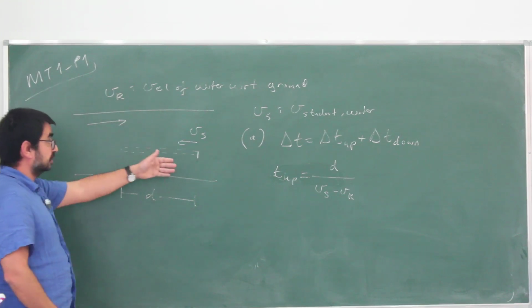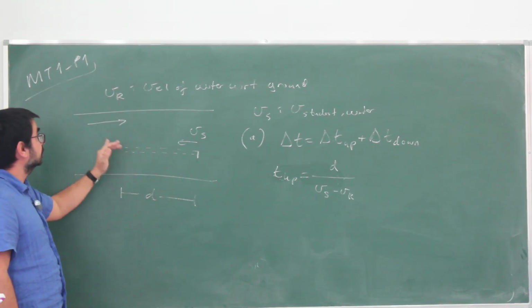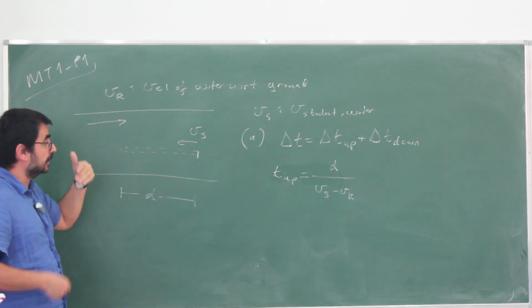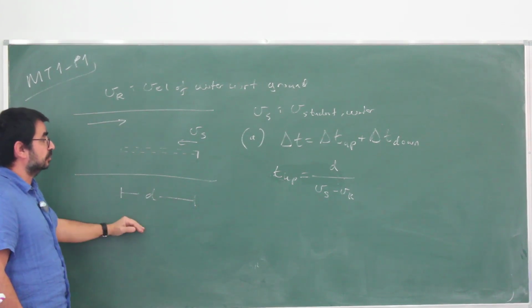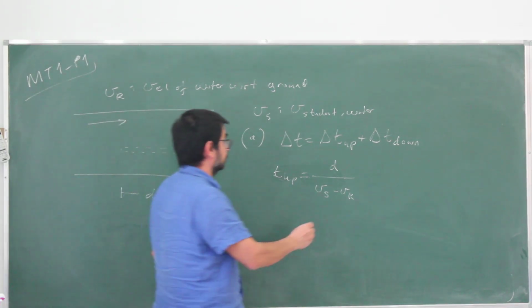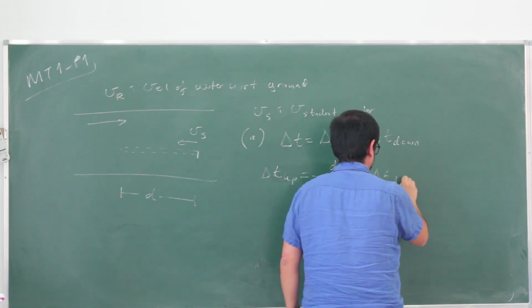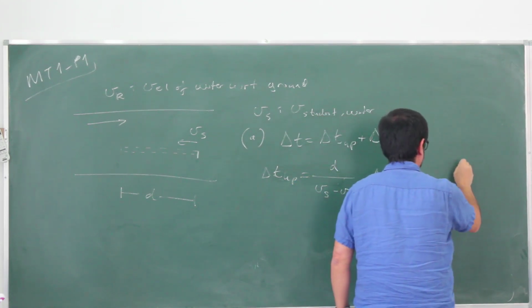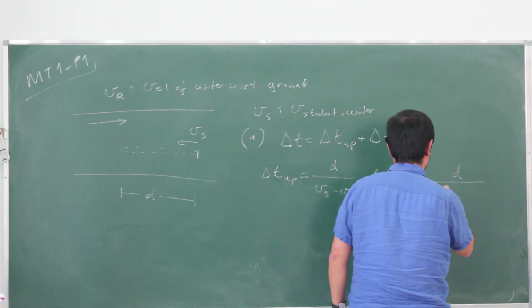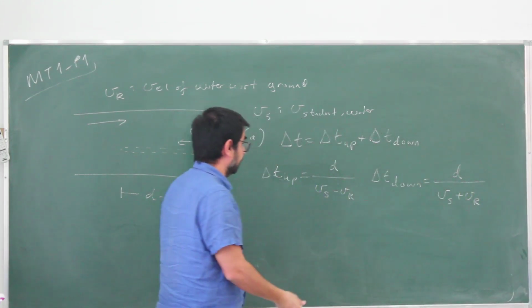Now, when they are going downstream, their velocity just gets added to the velocity of the river with respect to the ground, and their total speed with respect to ground is just going to be their velocity plus the river's velocity. So in that case, delta t down is going to be, again, they are covering the same distance, but this time with a much larger velocity, and we have to add these up.